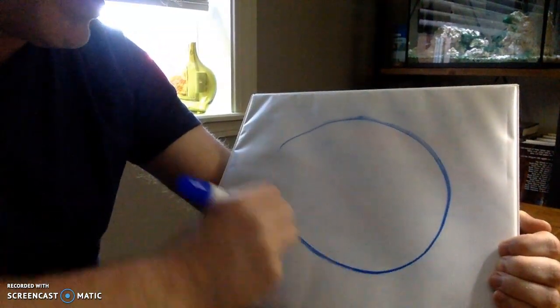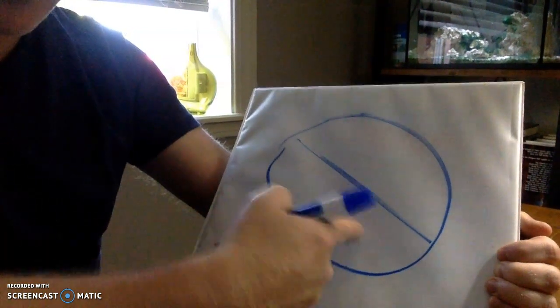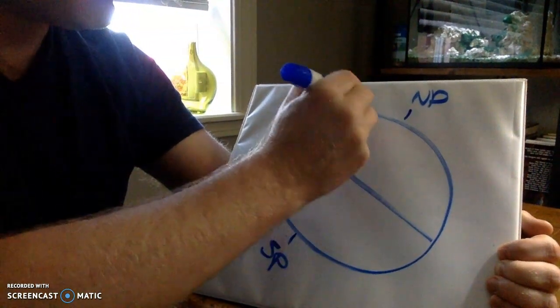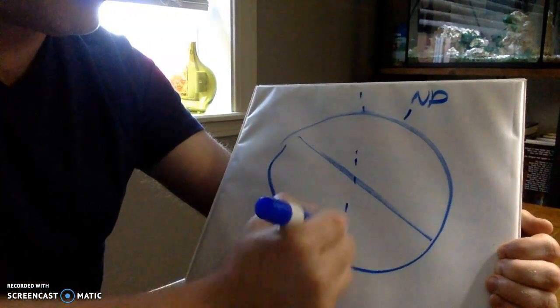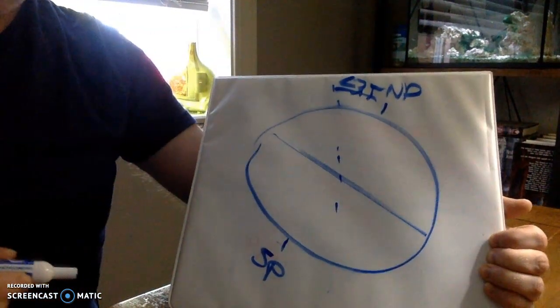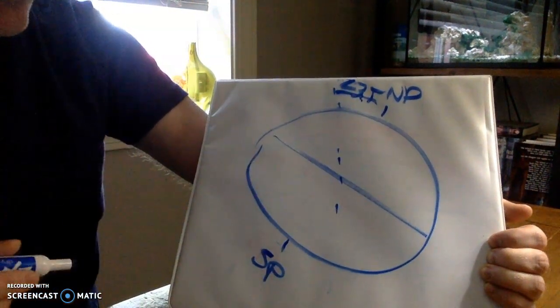Here's our planet again. Our equator here, dividing it into the northern hemisphere and the southern hemisphere, North Pole up here, South Pole down here, notice the 23.5-degree tilt. I know that's barely readable, but 23.5-degree tilt.